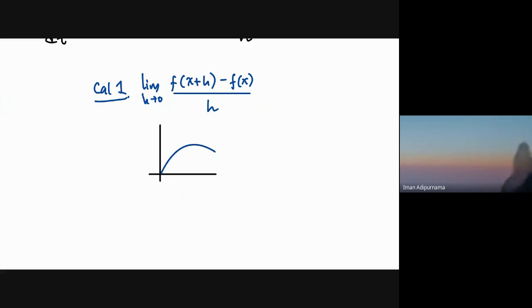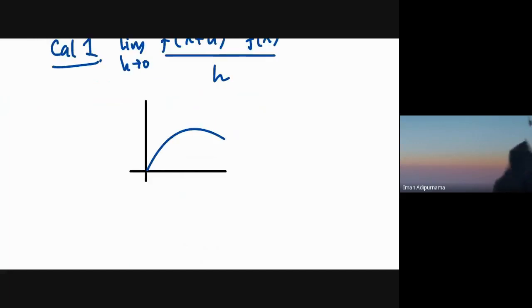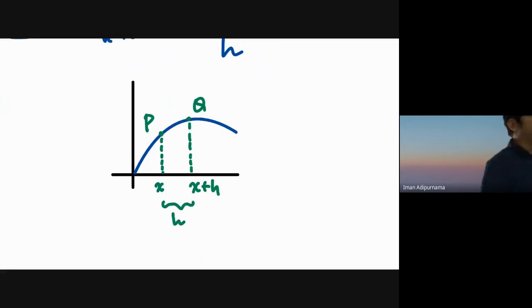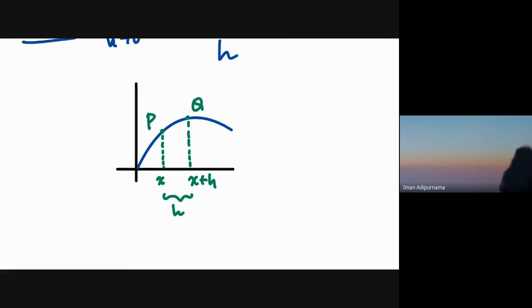Let's say that's the curve, and maybe this is P. Let's just use P and Q. With the difference h, what we did is we want to make h decrease and become 0.